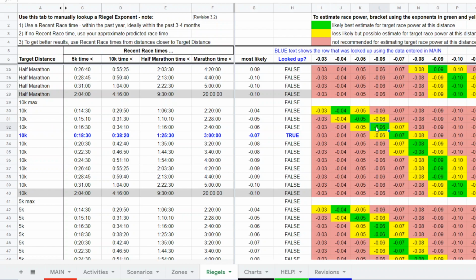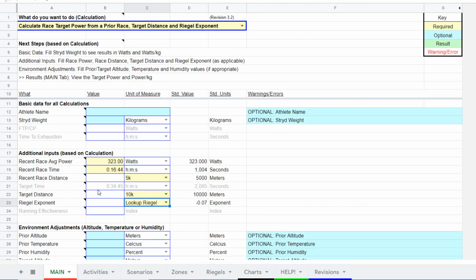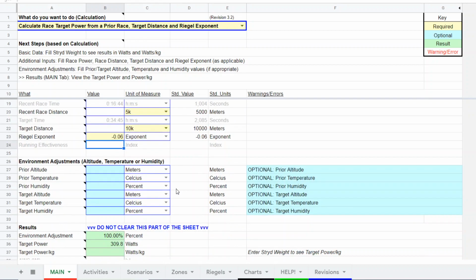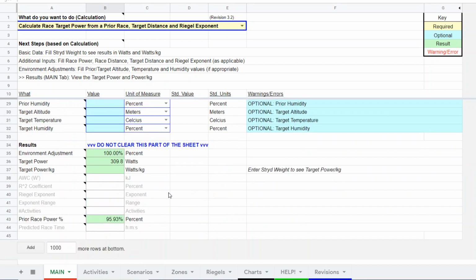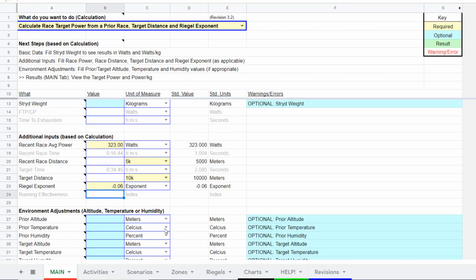We're going to use minus 0.06 for this particular athlete. So I'm just going to put in minus 0.06 as the Riegel exponent. And here, as we scroll down, is the target time: right around 310 watts using this particular method.